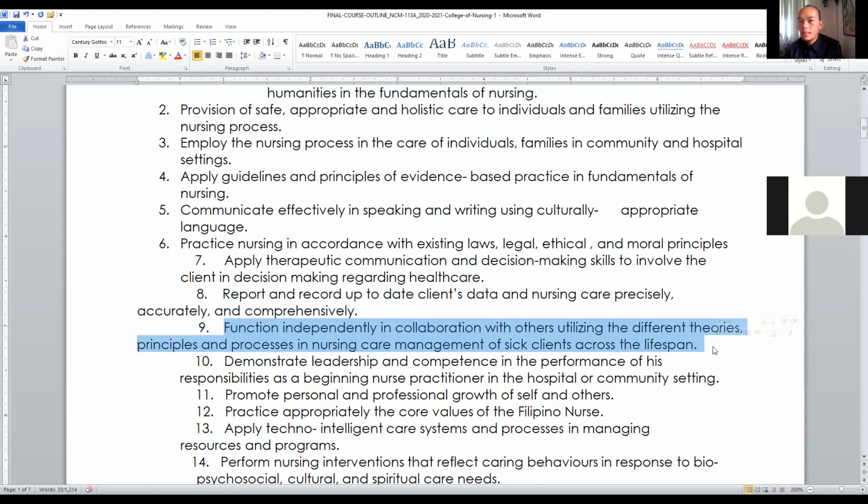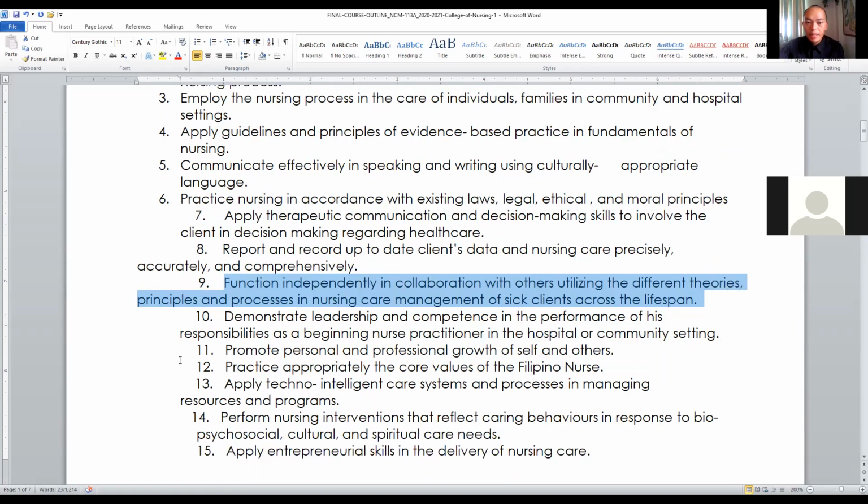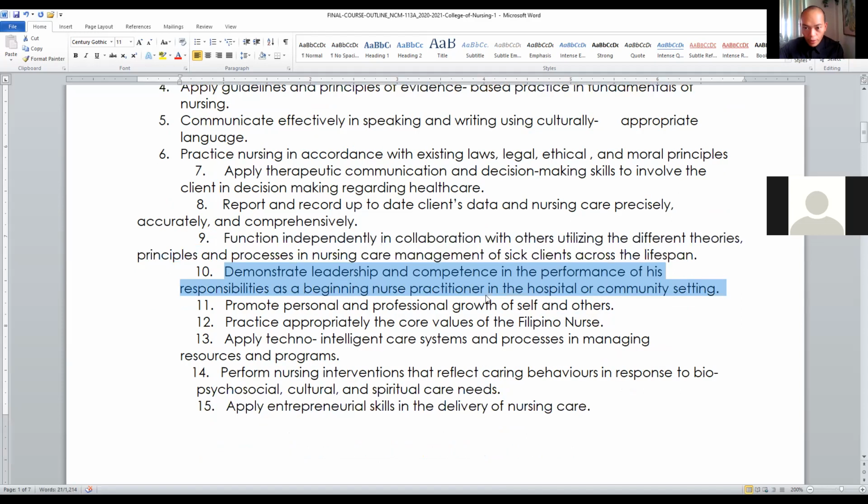The goal is to encourage community members to participate in the different activities that you will be facilitating in the community. Demonstrate leadership and competence, which is very important as you become health leaders in the community. Professional growth of self and others.